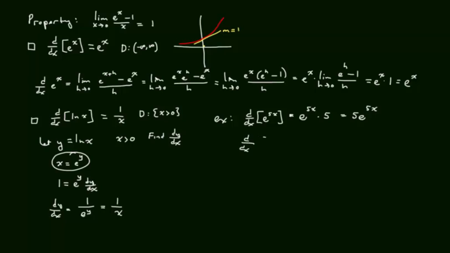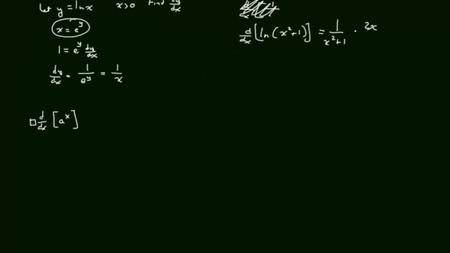In similar fashion, what is the derivative with respect to x of natural log of, let's say, x squared plus 1? If I were taking that derivative, it would be 1 over x squared plus 1 times the derivative of stuff. So 1 over stuff times the derivative of stuff.